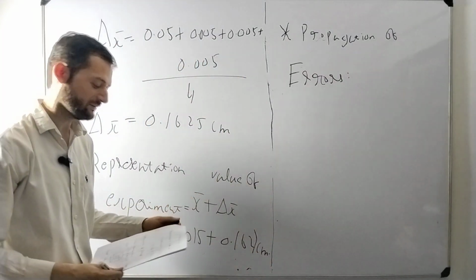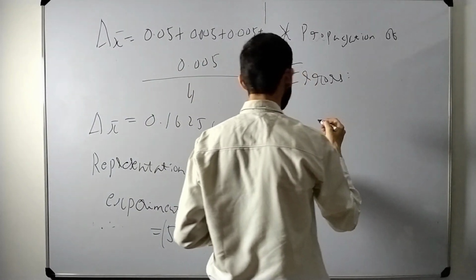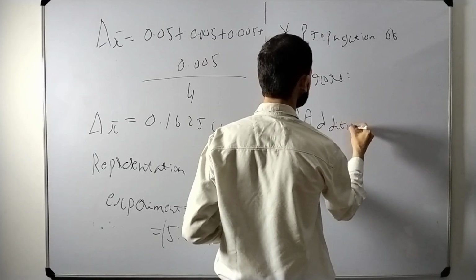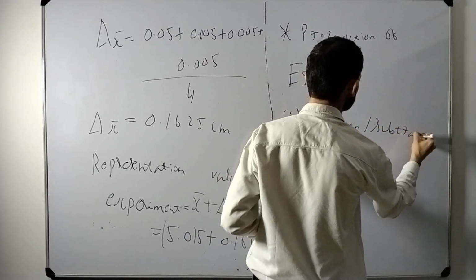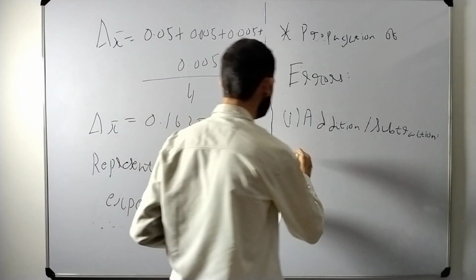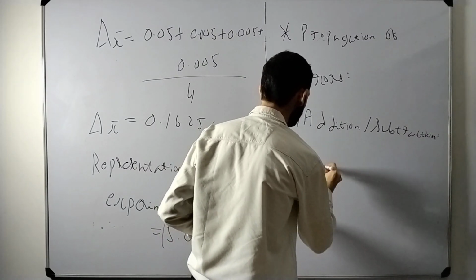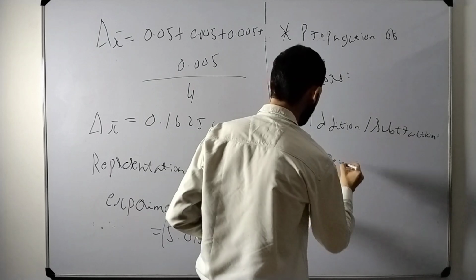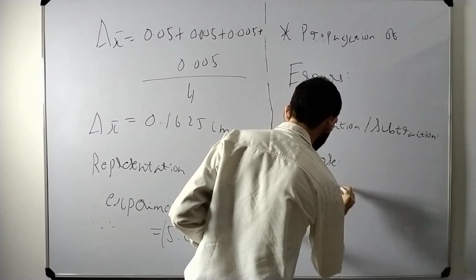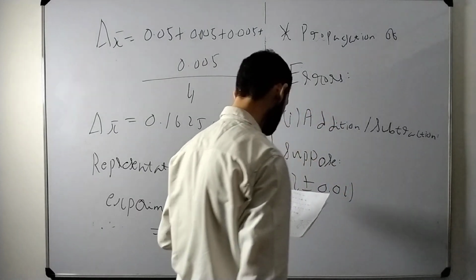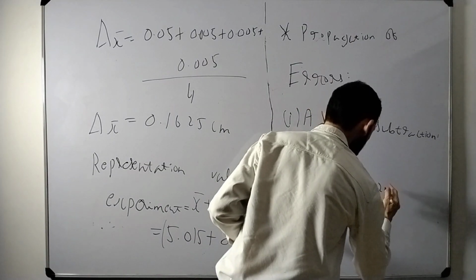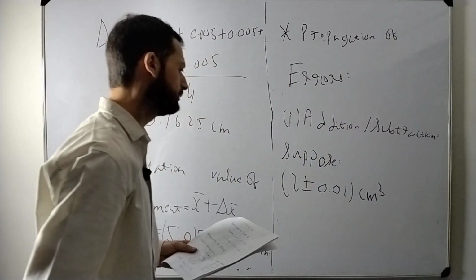This happens sometimes. Propagation of errors, addition and subtraction. Suppose we have two cubes, one of 2.02 centimeter cube.